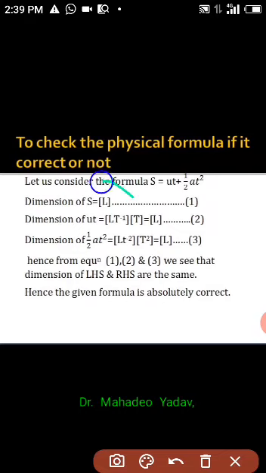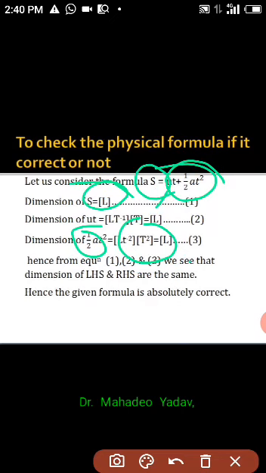On the left hand side, the dimension of S is L. On the right side, the total dimension also comes to L, because the value of a constant has no dimension. So the dimension of LHS and the dimension of RHS become equal. Therefore, the given formula is correct.